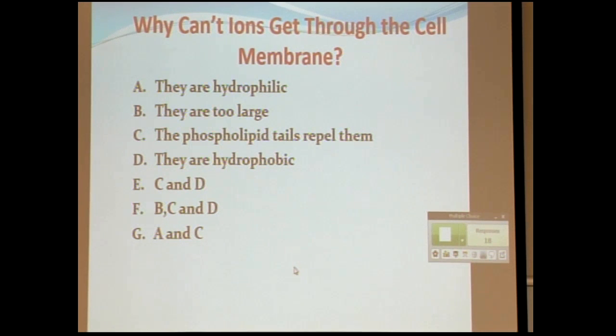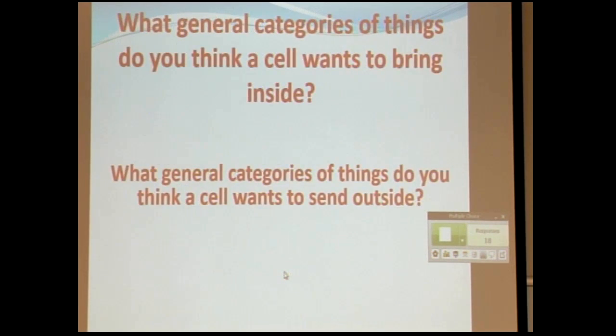The tails are hydrophobic, but the ions are hydrophilic, so they don't match. An atom is supposed to be neutral, supposed to be balanced, right? That's what makes it an ion, it's unbalanced.